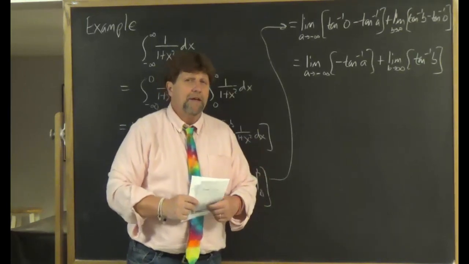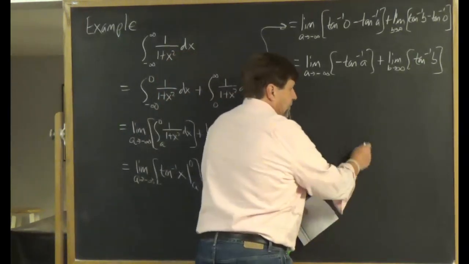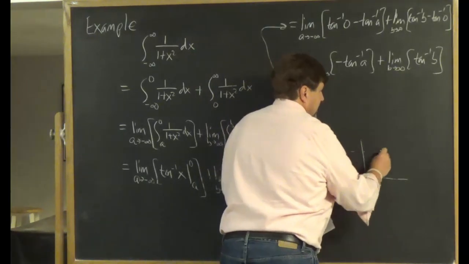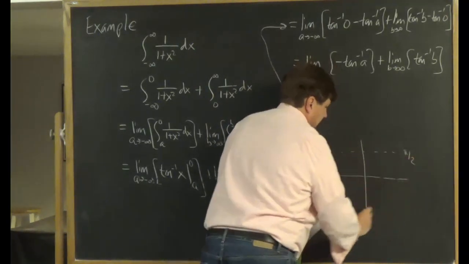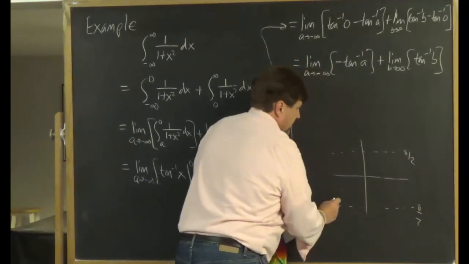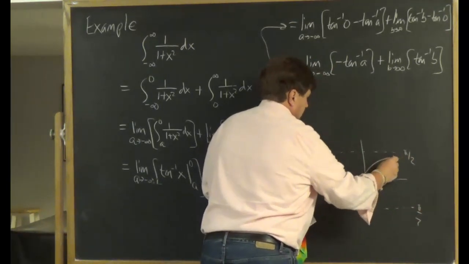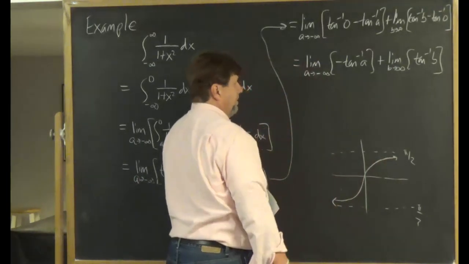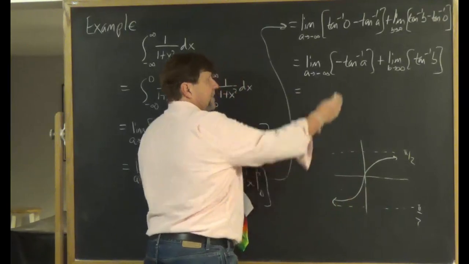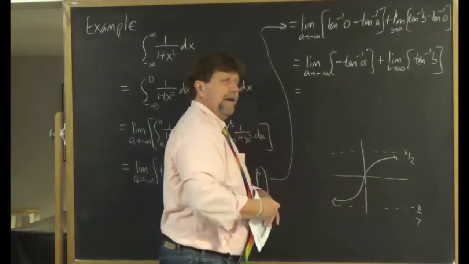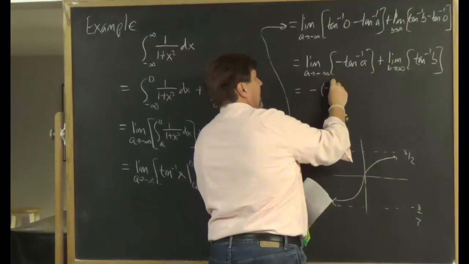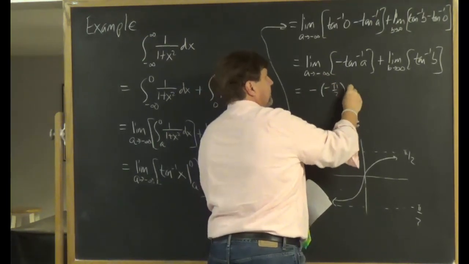In case I haven't mentioned it, knowing the graph of inverse tangent can help quite a bit in doing limits. This is the graph. As you head off to negative infinity, this limit is negative pi over 2, so you have the opposite of negative pi over 2.